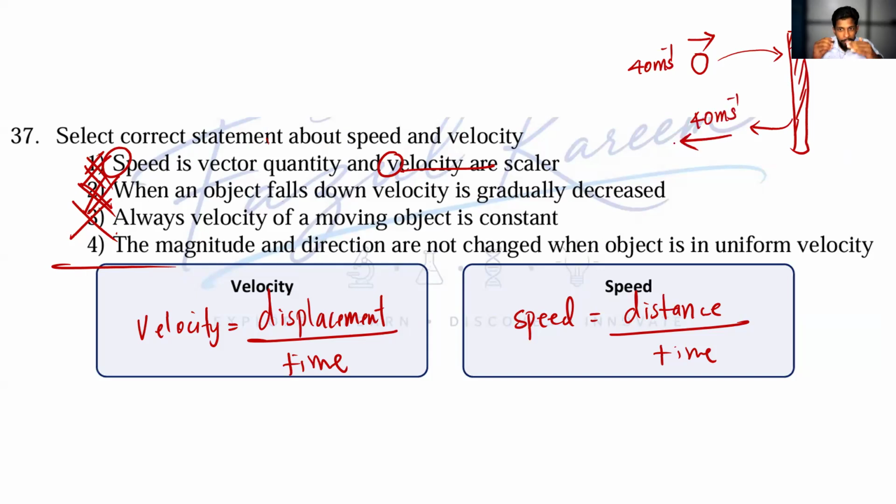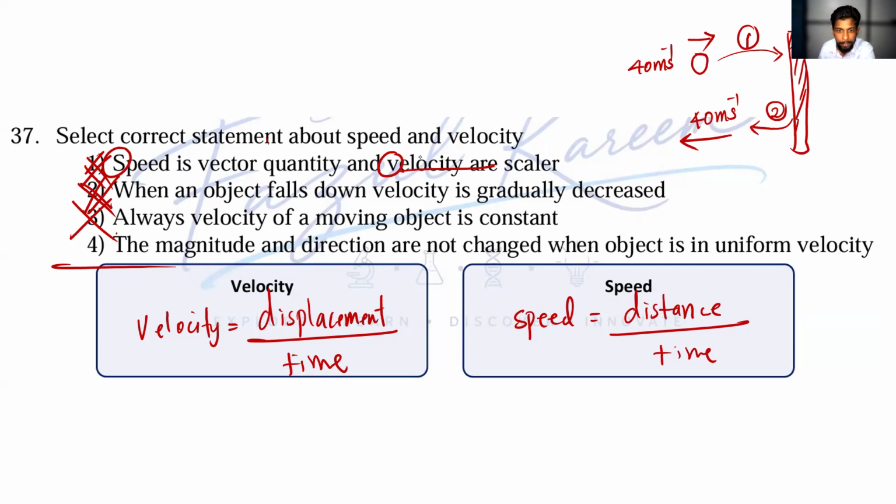If I say the velocity in both instances is the same, whether my statement is correct or wrong. In instance 1 and instance 2, the velocity is the same, whether it is correct or wrong.